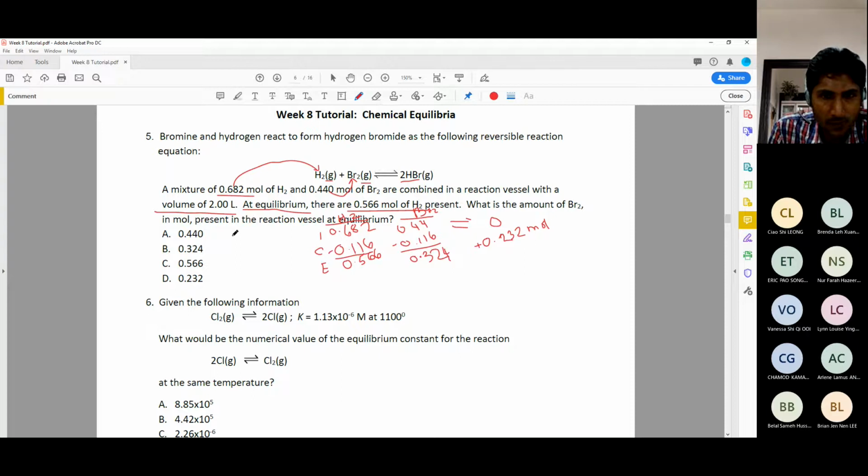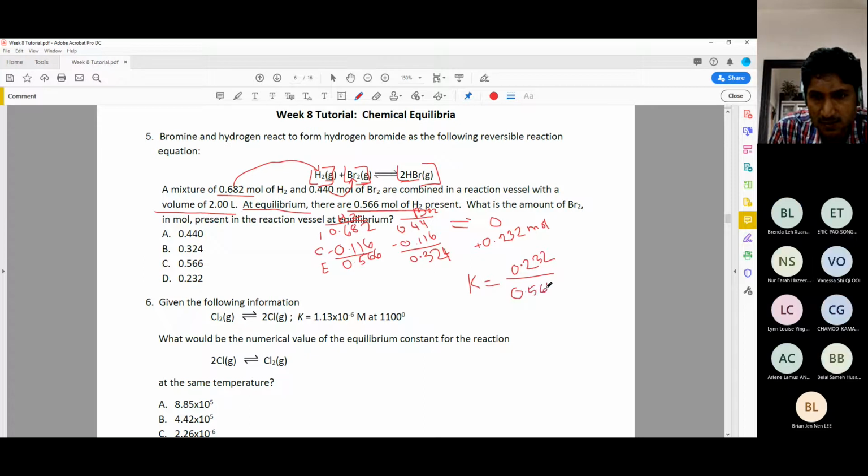Now we go and check the equilibrium constant. Kc is the concentration of hydrogen bromide squared over the concentration of hydrogen times the concentration of bromine, right? So we can just plug in the values. 0.232 over 0.566 times 0.324.